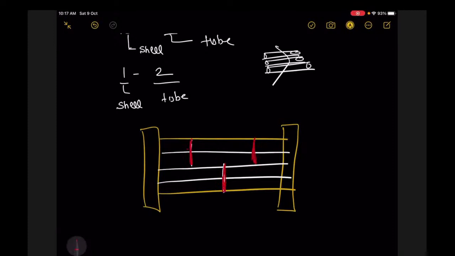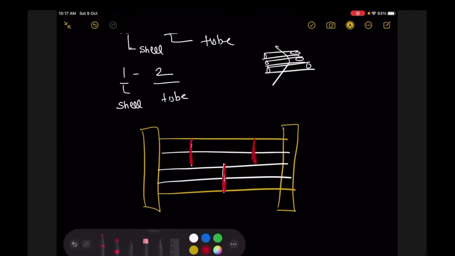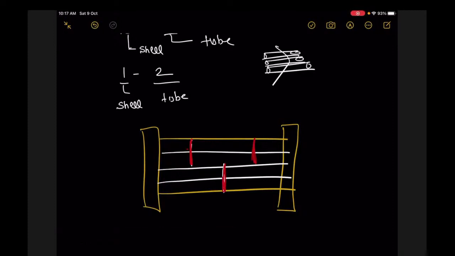So there will be baffles. Baffles will give support to the tubes, and they are also responsible for the turbulence in the system. So suppose the fluid is moving here, tube in.